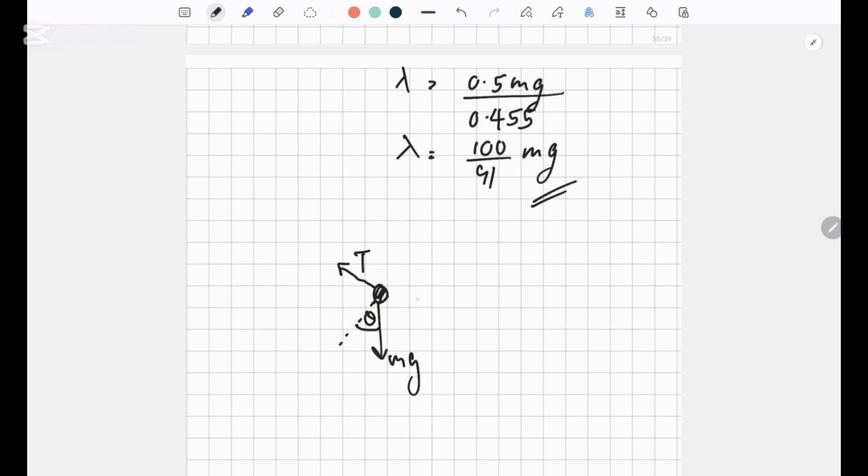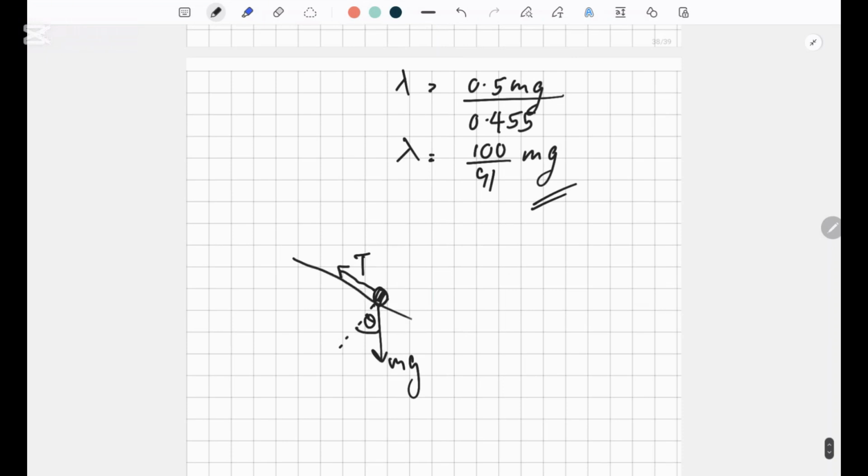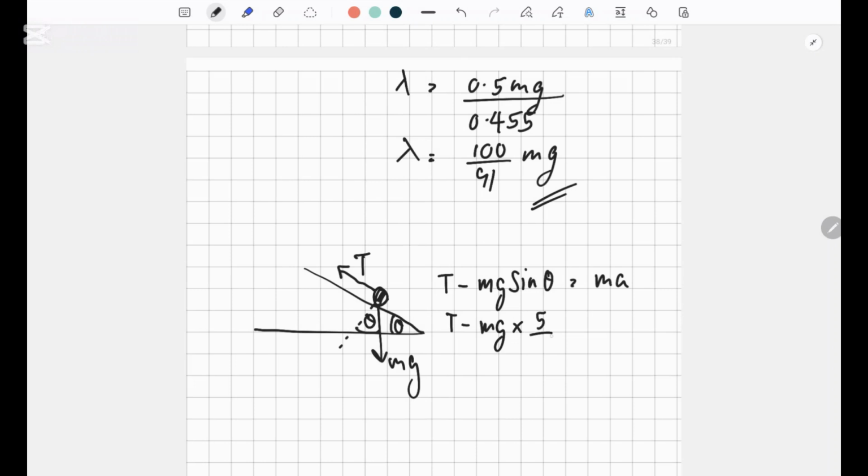So it's going to be T minus mg sine theta equals ma, right? So T minus mg times 5 over 13 equals ma.